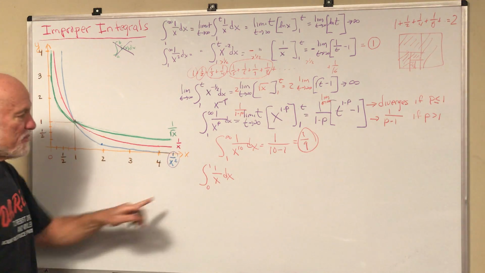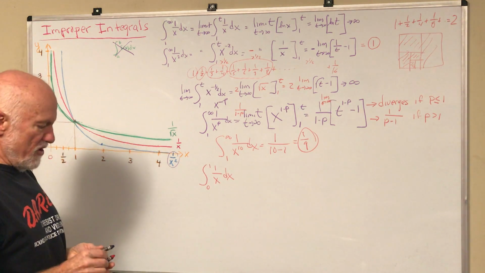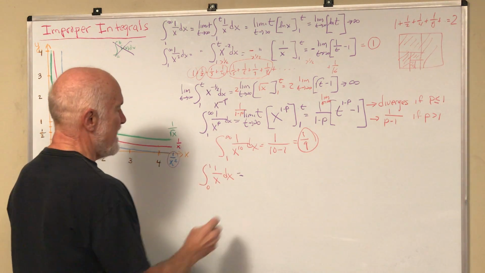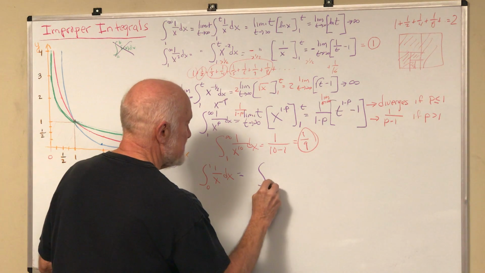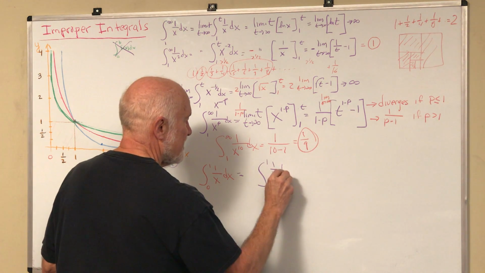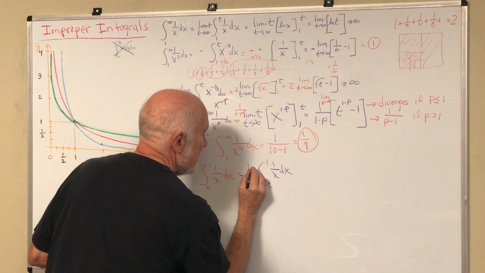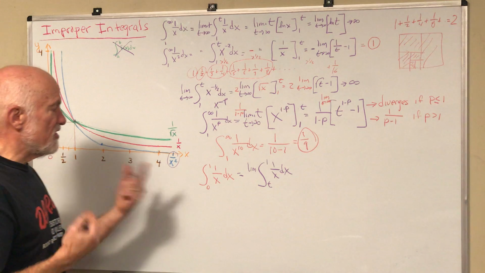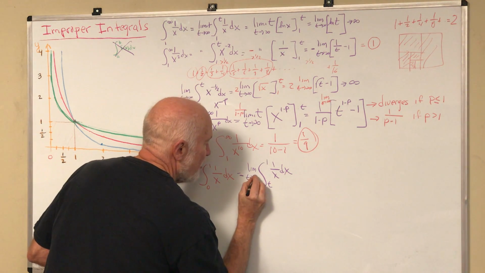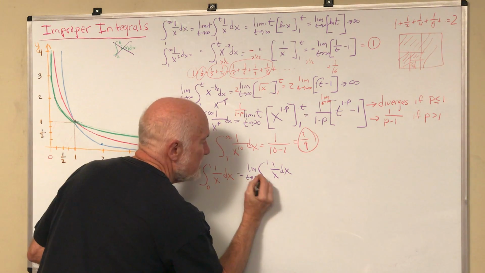But that's improper because this function is not continuous at 0. So what I have to do is I have to make the integral from t to 1 of 1 over x dx. And then I take the limit, not as t approaches infinity, we have t approaching 0. And it only can approach it from the right.